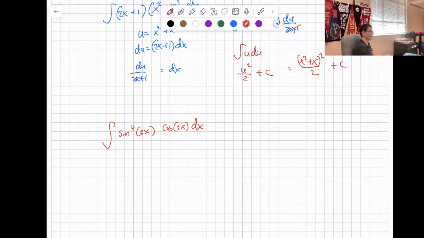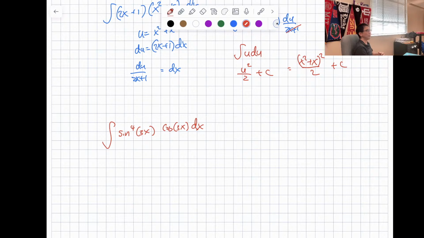Let me write it down. Now, this one's a little bit harder because you want to think about what u is equal to and what du is equal to. Guys, the third tip I will say is think about what u has to be, but before you actually write it down, think about what du is.